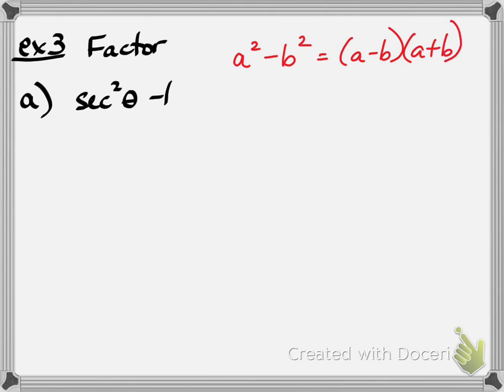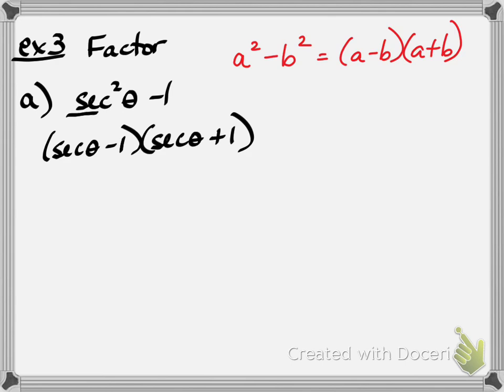So this is going to factor as square root of secant squared theta is secant theta minus 1 and secant theta plus 1. Secant squared theta is secant theta squared, and 1 is 1 squared. So we just use those as our a and our b.